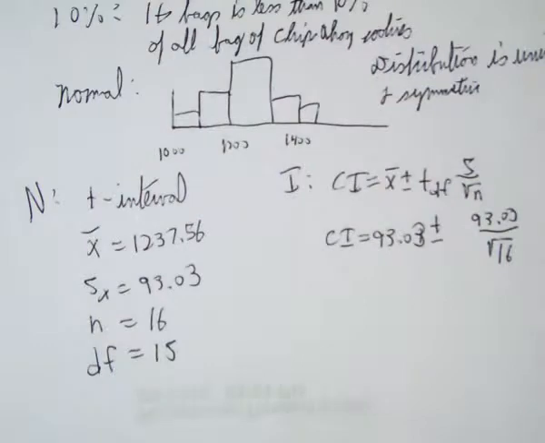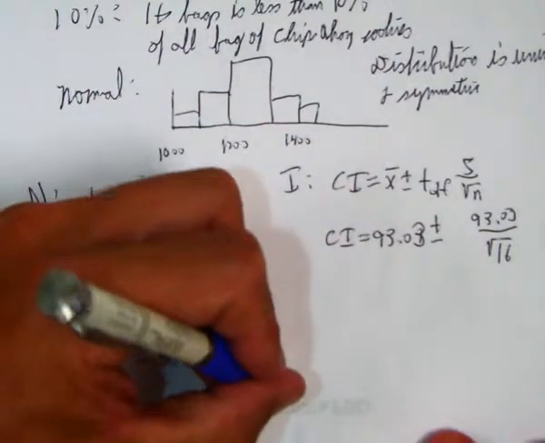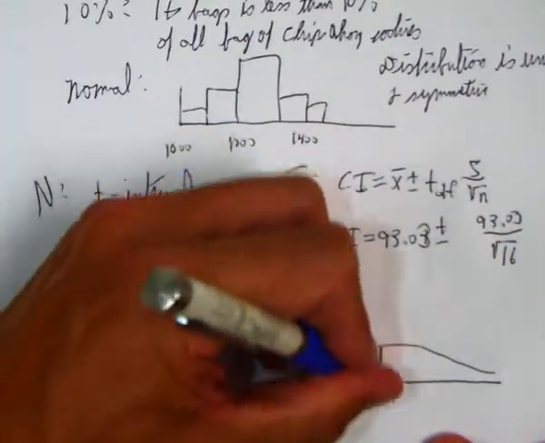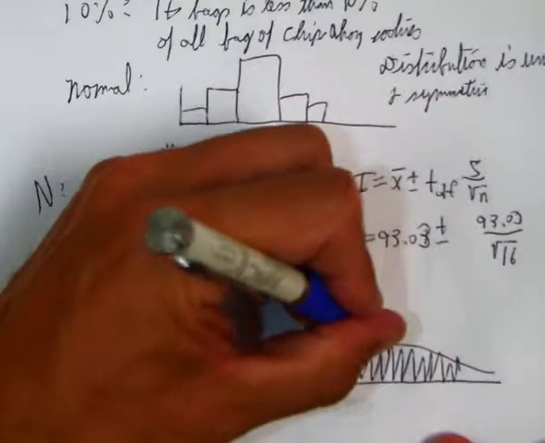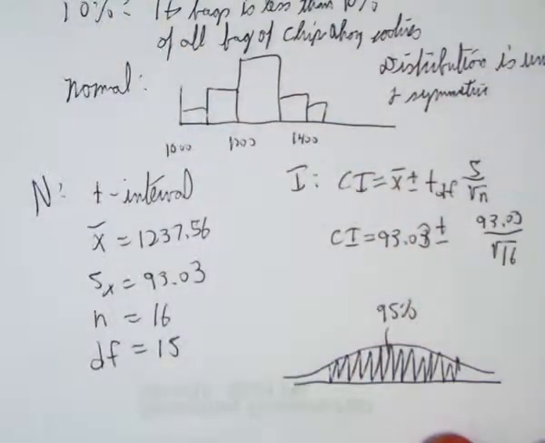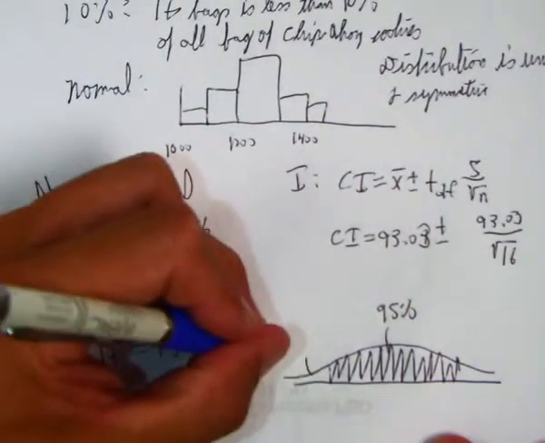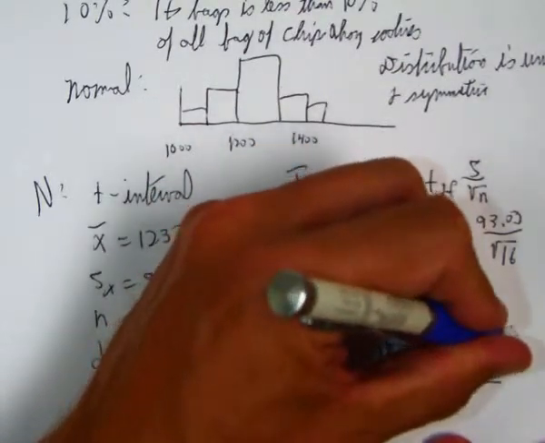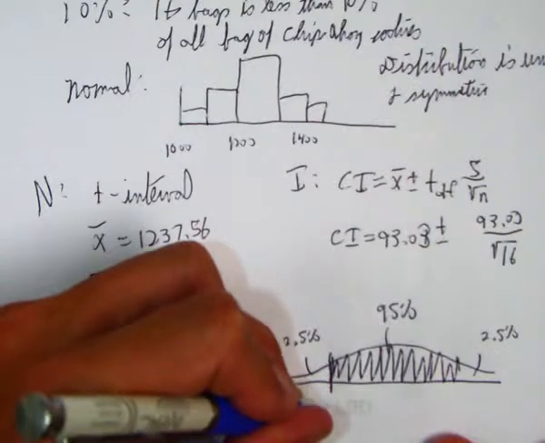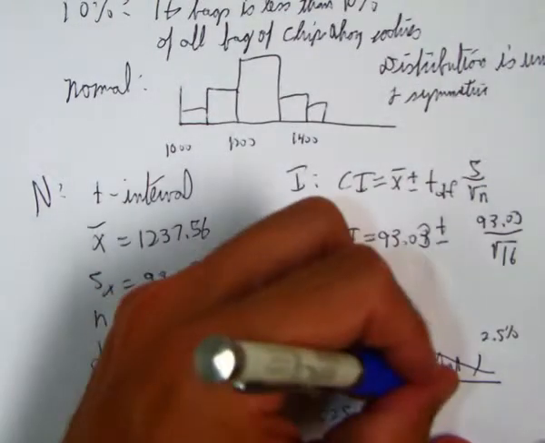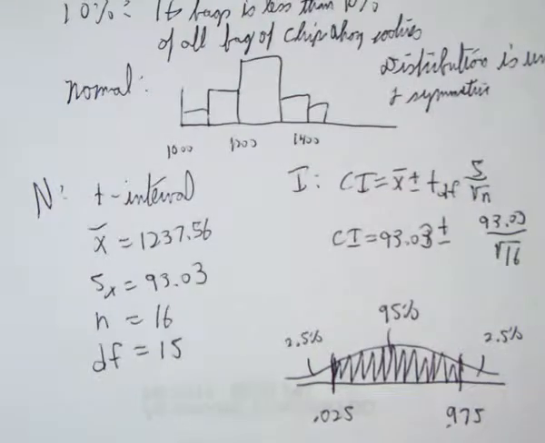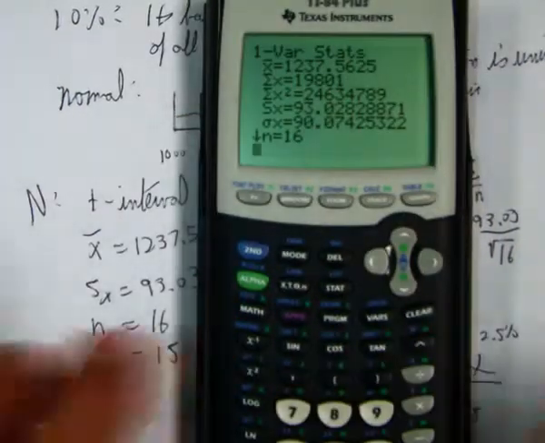Now, in this case, we're finding a 95% confidence interval. 95%, we shade the middle 95%. If I shade the middle 95%, that means I have 5% left. 2.5% there, 2.5% there. So that means that this interval starts at the 2.5% mark and ends at the 97.5% mark. So what we got to figure out is what that t value is.